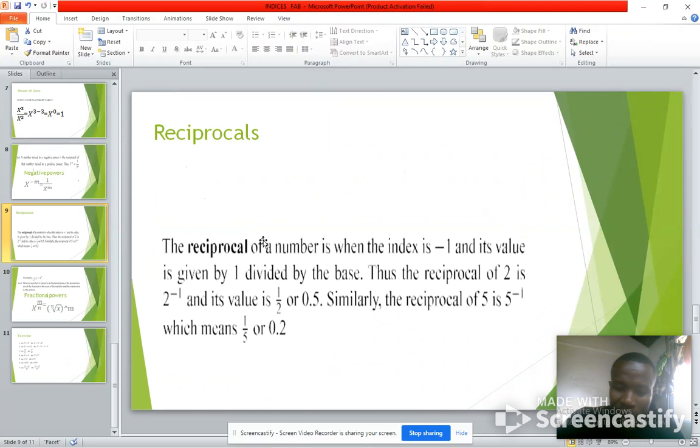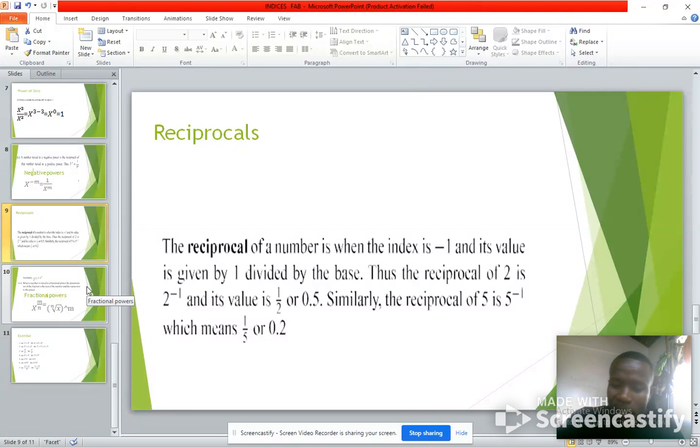The reciprocal of a number is when the index is negative 1 and its value is given by 1 divided by the base. Thus, the reciprocal of 2 is 2 raised to negative 1, which is equal to a half, 1 out of 2, which in decimal form can be represented as 0.5.